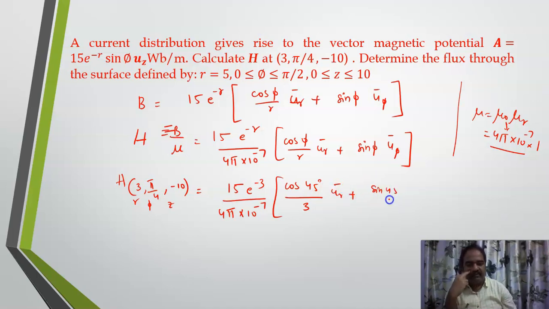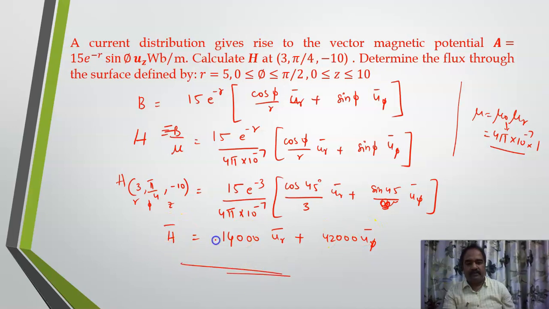Cos 45 is 1 by root 2. You'll get somewhere around 14,000 ur, and 3 times that, about 42,000 u phi. This is your H vector at the point 3, pi by 4, minus 2. So the first thing is completed.